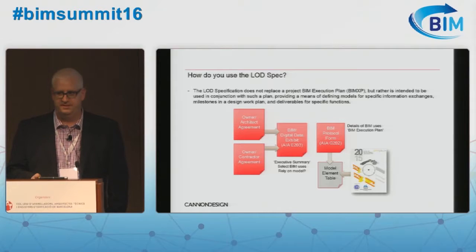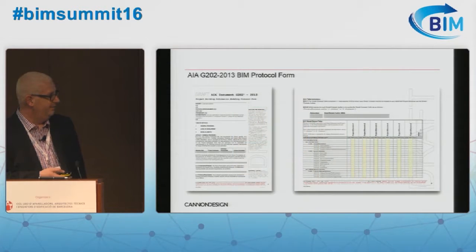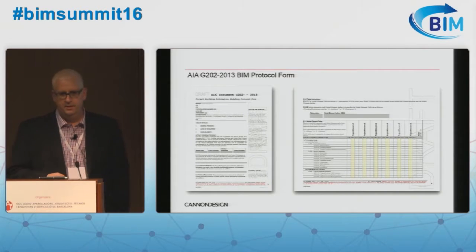And the G202 is very specifically a BIM protocol document that allows you to reference back to the execution plan or that LOD manual and starts to allow you to define these overall benchmarks. What are our model requirements?